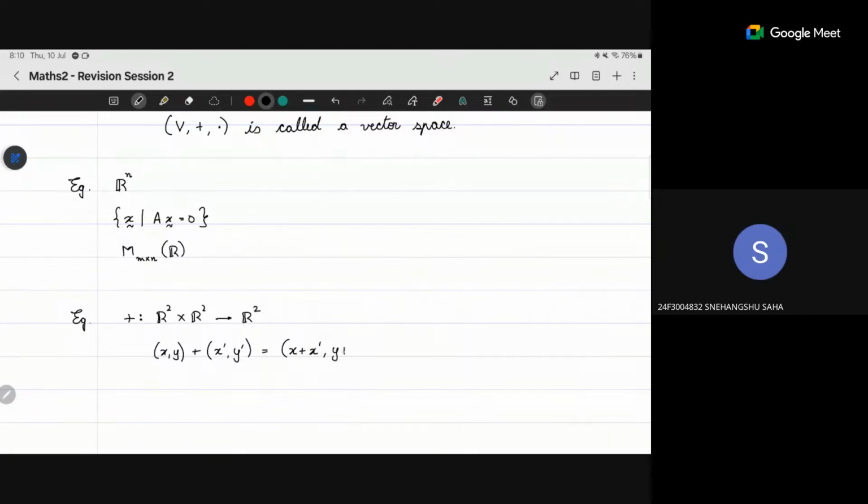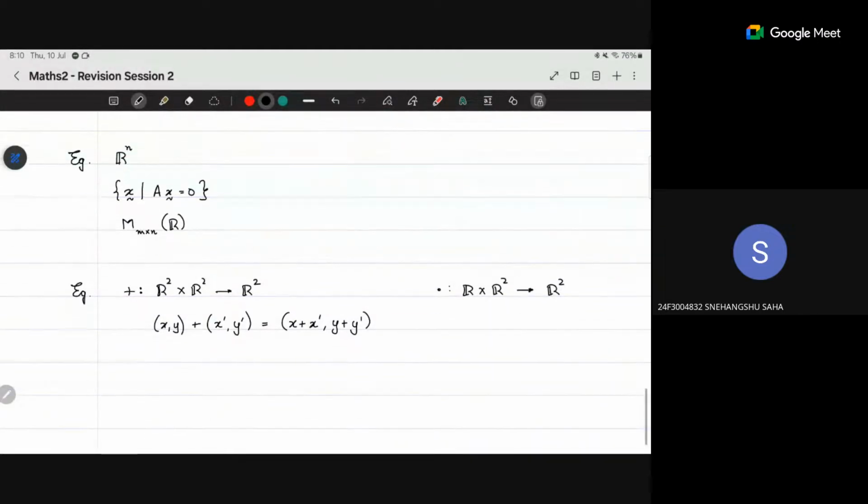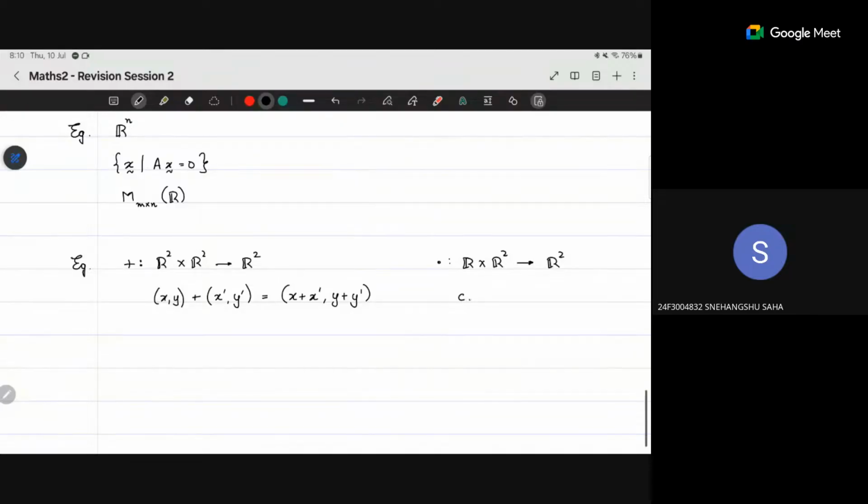This is just the same, but I changed dot. Dot has to be defined, recollect, from R cross R2 to R2, scalar multiplication of a vector with a real number. So C dot (x, y), suppose I call it (Cx, 1).